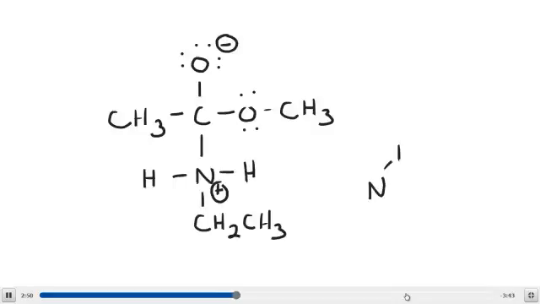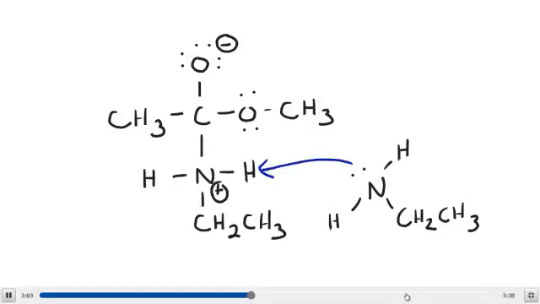So here is this nitrogen. It is the amine. And it's got its lone pairs. And it will come in here and deprotonate this nitrogen and give electrons back. So this is the proton transfer to solvent.